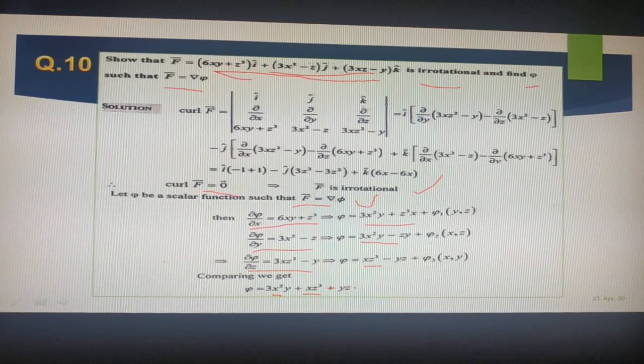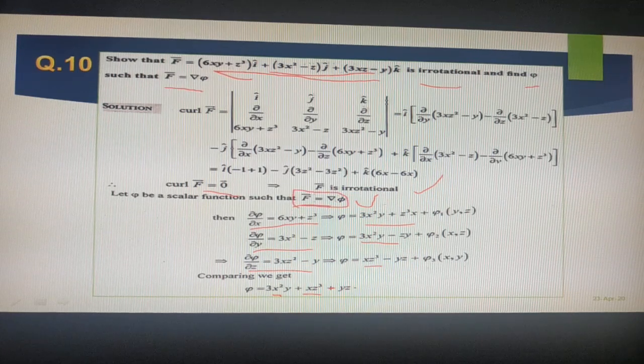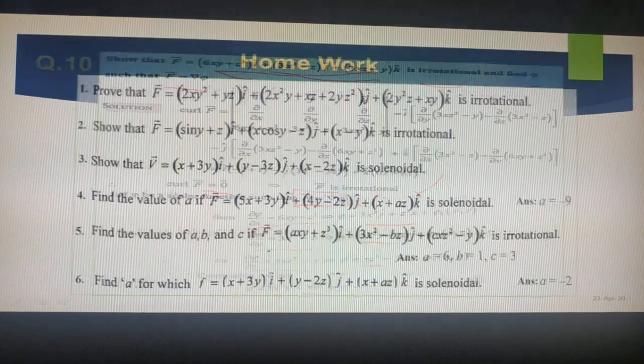Okay, so these are very simple problems. When curl f is equal to 0, then f bar is irrotational, and then you can get your scalar potential phi from this particular result. This is one important problem. This type of problem you can expect in the end examination.